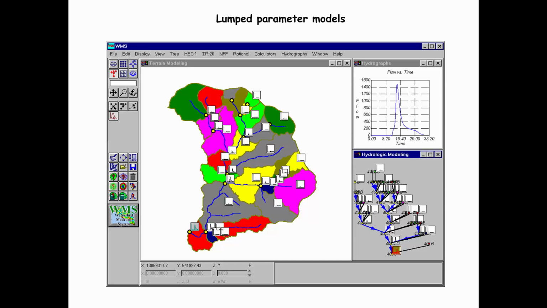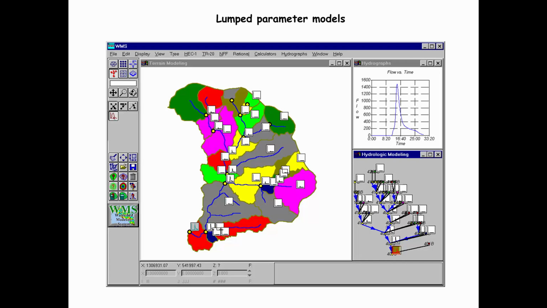So here are some example illustrations that show the difference between lump parameter models and distributed parameter models. A lump parameter model might be this. We take a watershed, we subdivide it into sub-areas, and within each sub-area, basically everything is treated as being uniform.